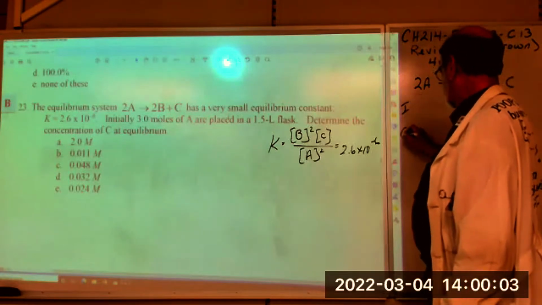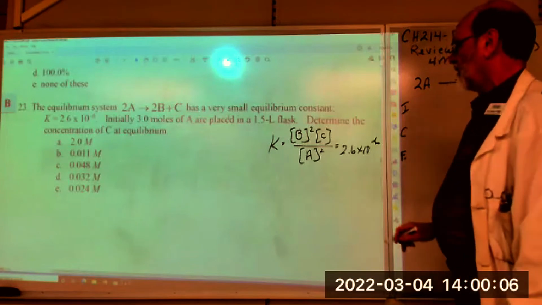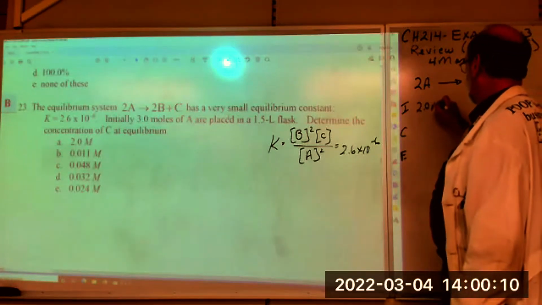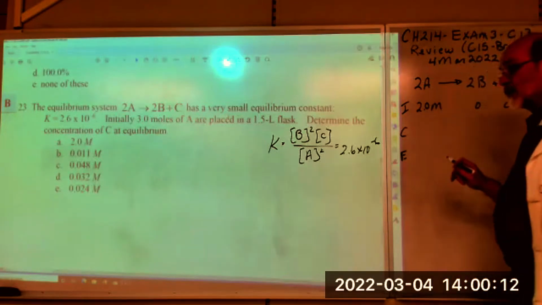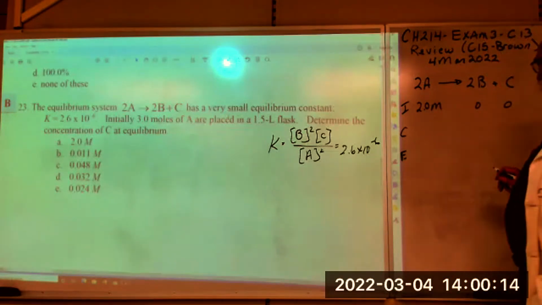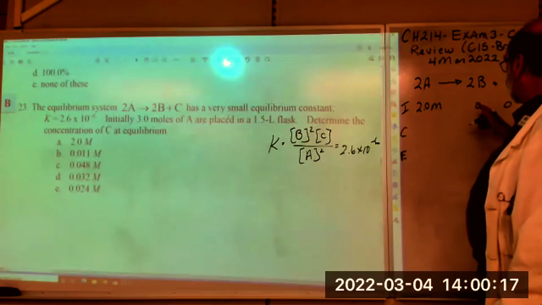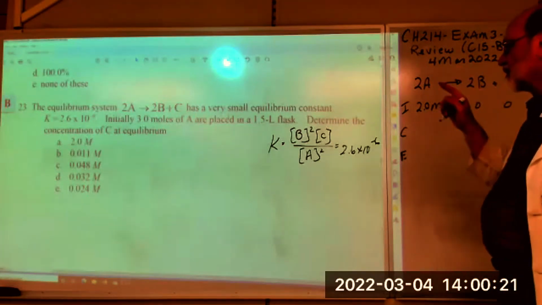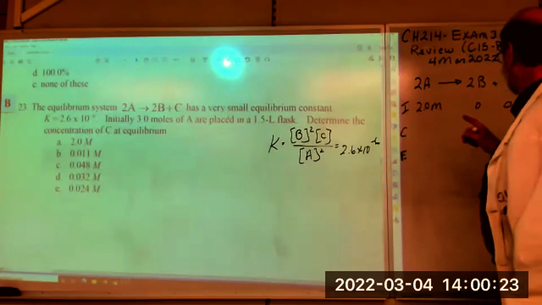Initial, change, equilibrium. 3 divided by 1.5 is 2. 2 moles. Nothing there, nothing there. So we know which direction it's headed.